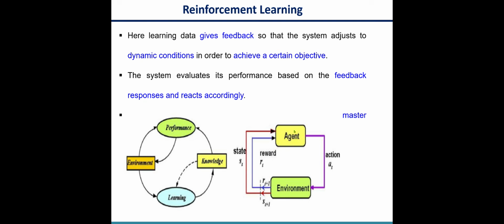The agent does the action, and based on the action done, the environment again gives the response or reward. The agent again improves or not, stores those data in its database and does some actions again. So that is happening based on the knowledge, and the learning and environment process is continuously done.